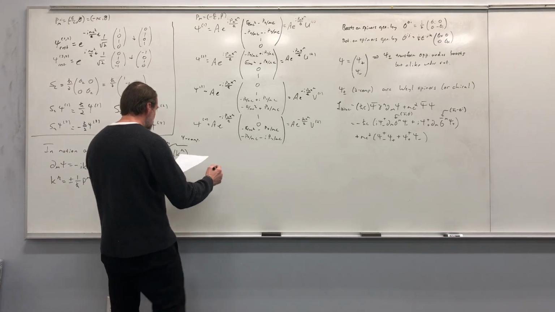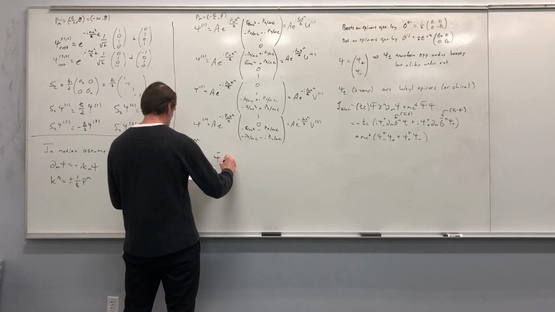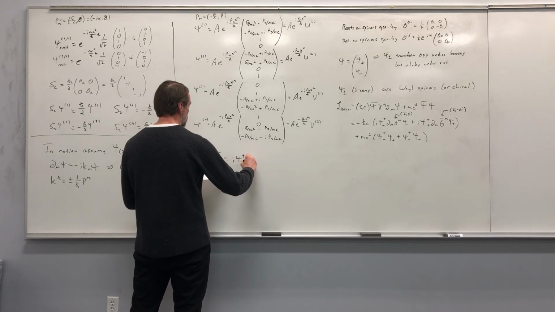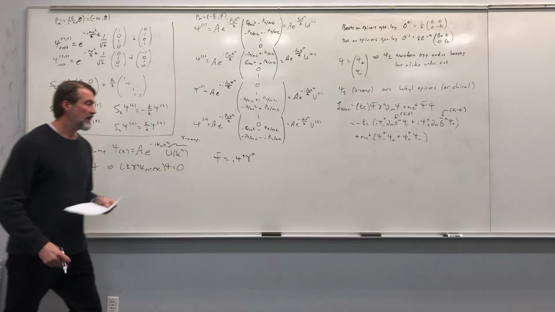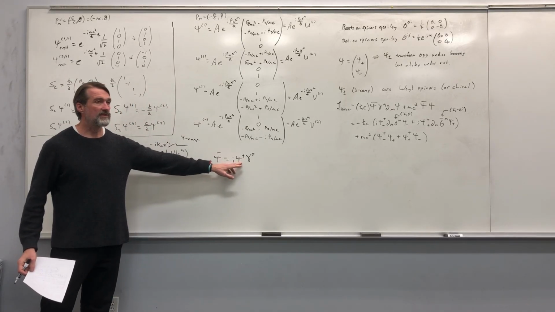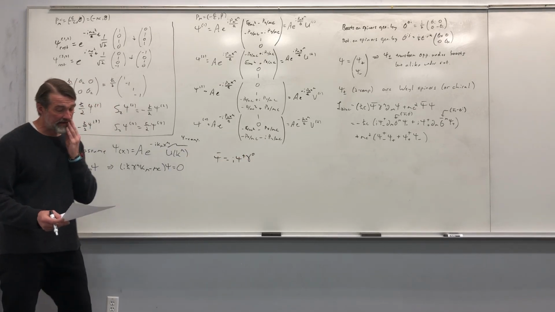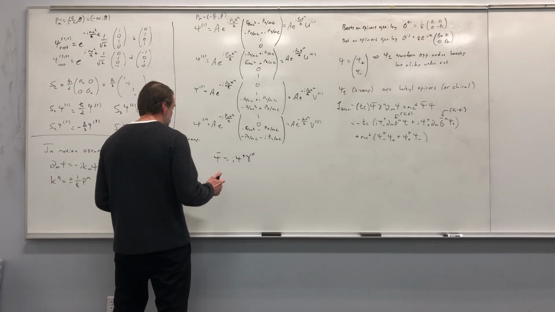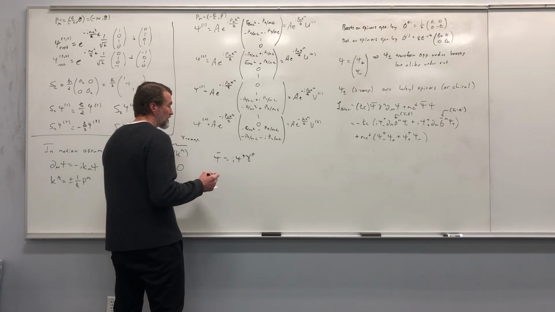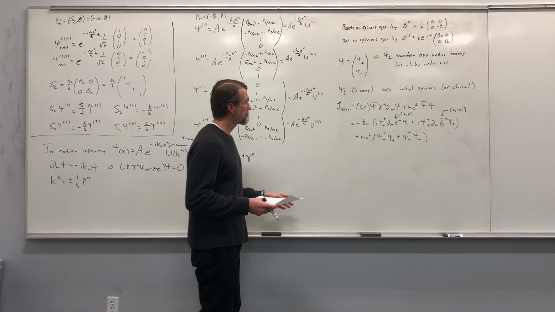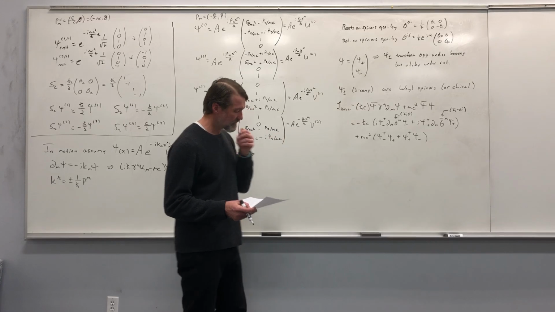And just in case you don't remember, psi bar is defined as i psi dagger gamma 0. So it's not just the Hermitian conjugate times i, but rather we had to throw in this gamma 0 term, okay? So, okay, that looks interesting, right?